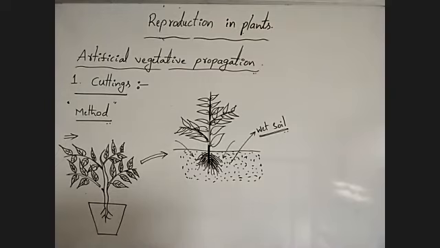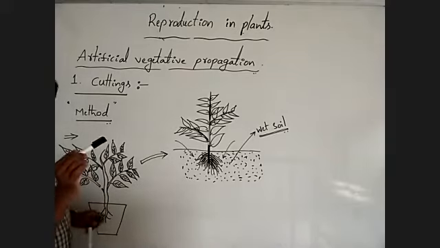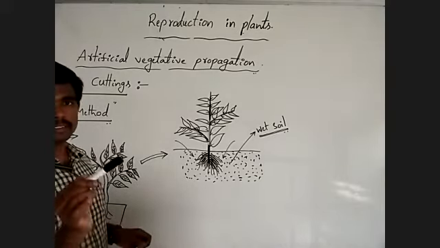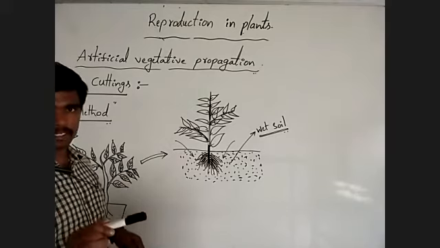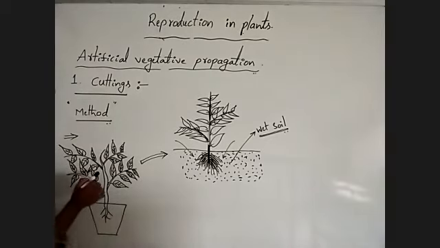This type of method of the artificial vegetative propagation is called cutting. Cutting means, observe once again, listen: a small branch or stem with at least one vegetative bud, either apical bud or axillary bud, is cut from the parent plant.